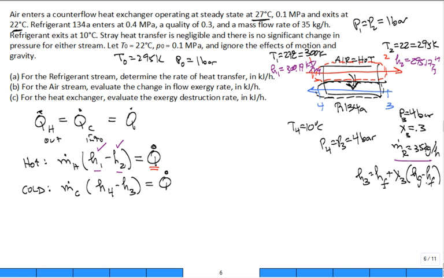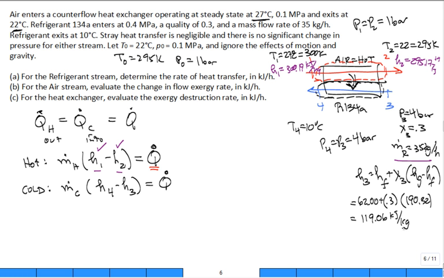I need the saturated liquid and the saturated vapor enthalpy for refrigerant 134a at 4 bar. Luckily we don't have to interpolate for that part, and we find it's 62.00 plus the quality 0.3 times hfg, which is 190.32. And so H3 comes in at 119.06 kilojoules per kilogram. Thumbs up, you like that?